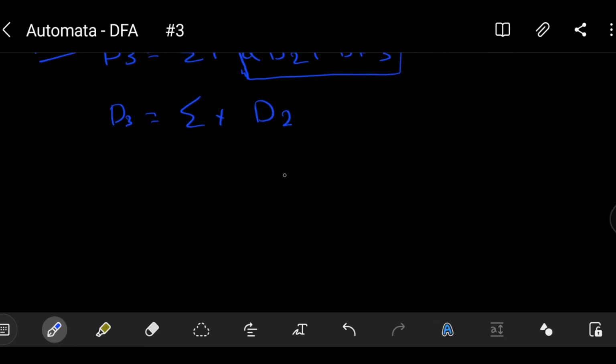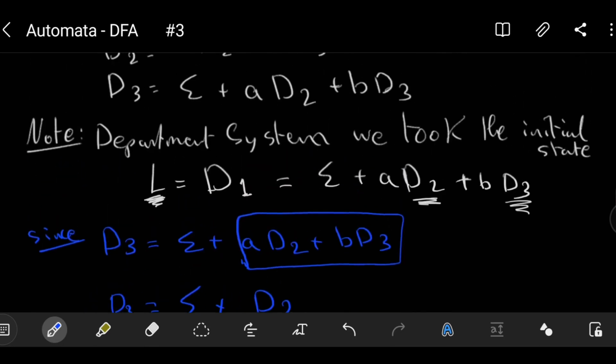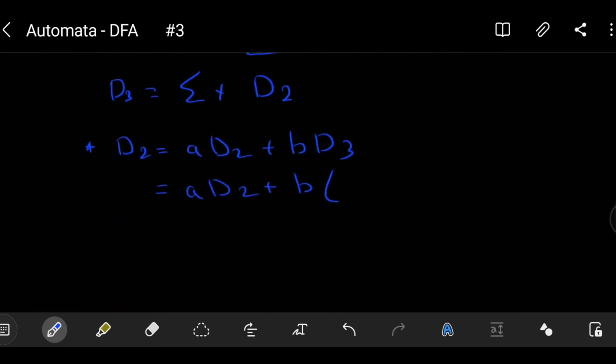So D2 equals A D2 plus B D3. A D2 plus B, and I need to put D3 in its value.